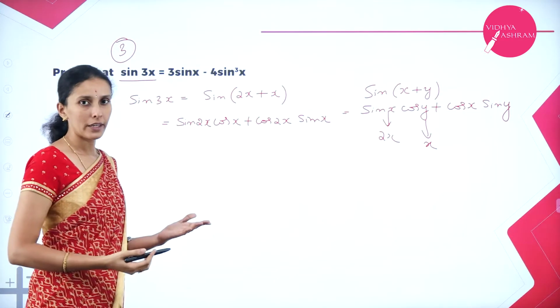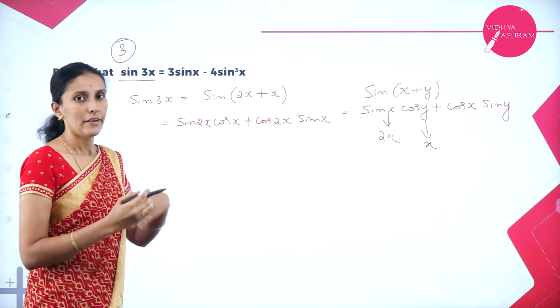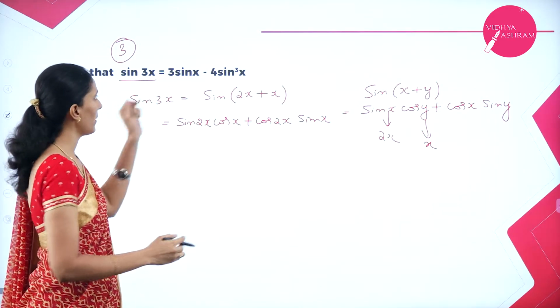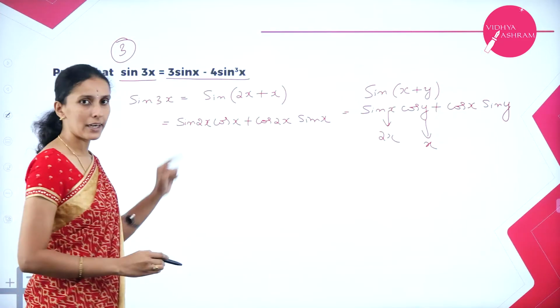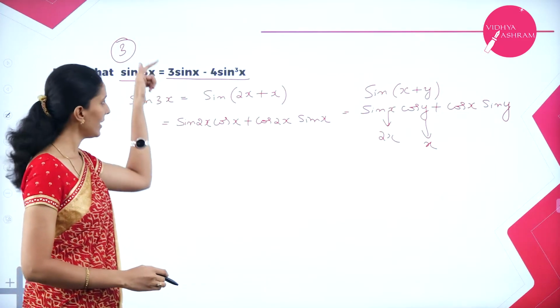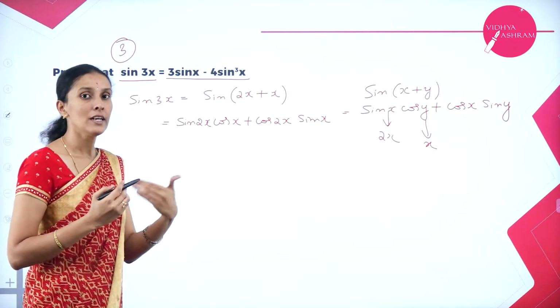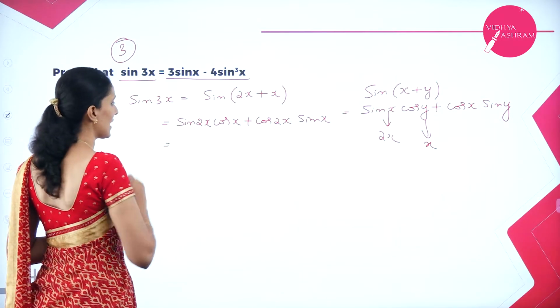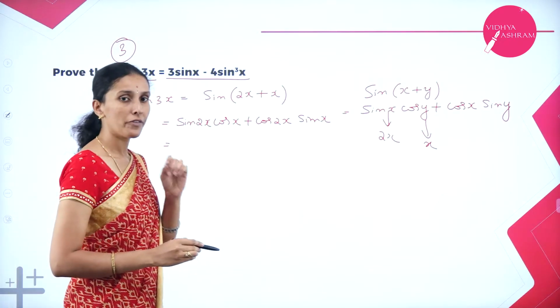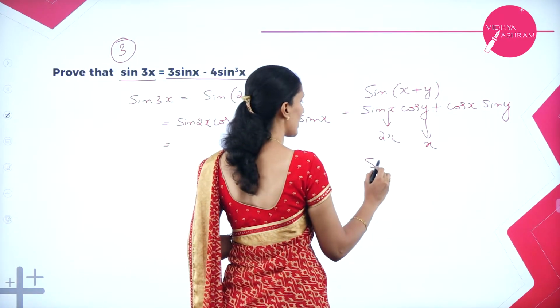Now, whatever you get here in terms of cos, replace it with sine only, because observe your right hand side, sine 3x is in the form of sine only. So, if you got cos also, you can convert it into sin x. Now, what is sine 2x? We know the formula of sine 2x.